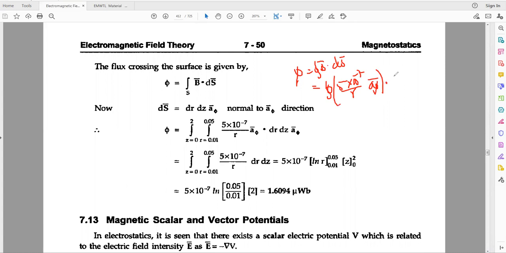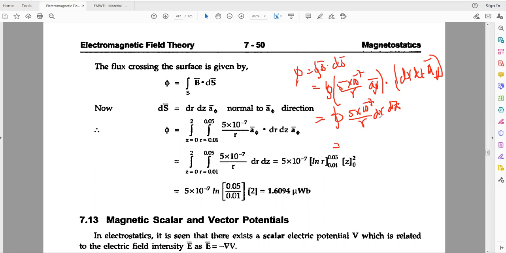Dot ds bar, which you can also take in the phi direction as dr dz into A phi bar. That is equal to the integral, where A phi bar dot A phi bar is 1. So 5 into 10 to the power of minus 7 by R dr dz.